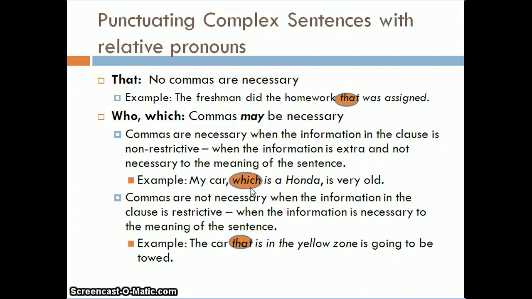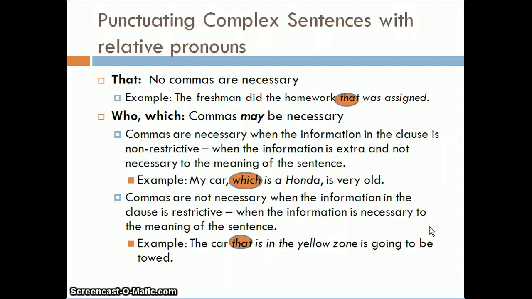So the information that's included in the relative clause, the fact that my car is a Honda, is just extra information. It doesn't add anything to the sentence or doesn't restrict which car I'm talking about. We already know that I'm talking about my car. So in cases such as this one, we do have to use commas because that information is extra and it could be removed from the sentence without changing the meaning.